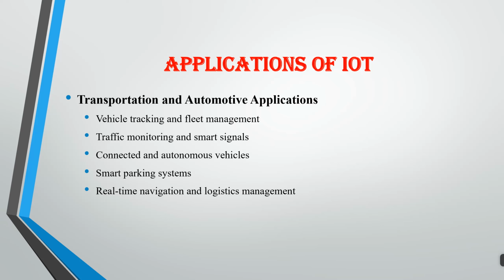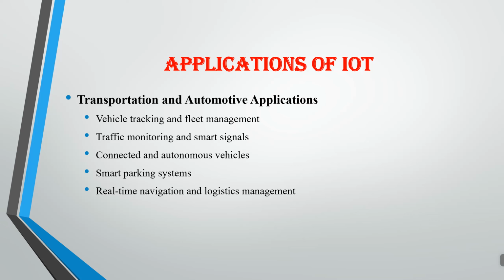Then traffic monitoring and smart signals. Today we know that cities all have a lot of traffic congestion. Suppose we wish to avoid one particular road which is congested, it's possible. You can take an alternative route which does not have heavy traffic.